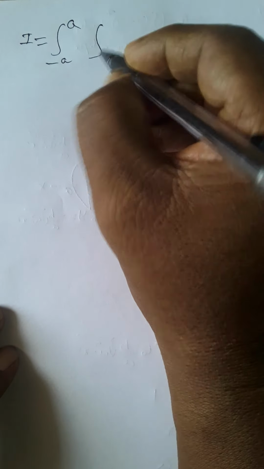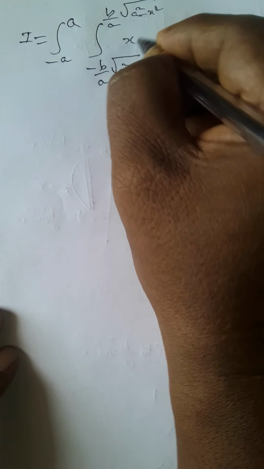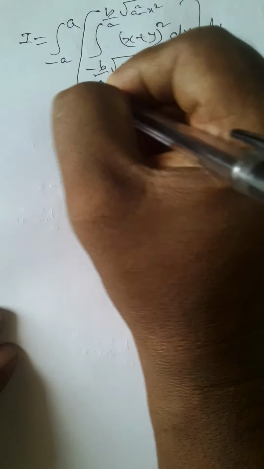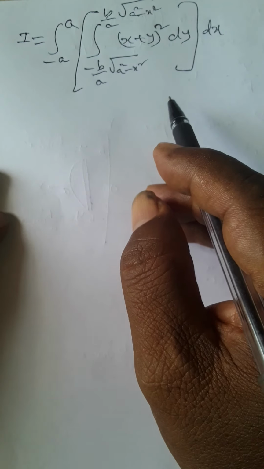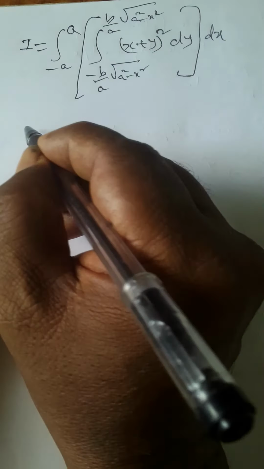I is equal to the integral from minus a to a, integral from minus b by a root over a square minus x square to b by a root over a square minus x square, of (x plus y) whole square, first with respect to y, then with respect to x. Elementary strip parallel to the y axis, so first we have to integrate with respect to y.